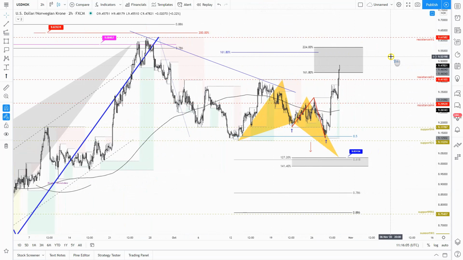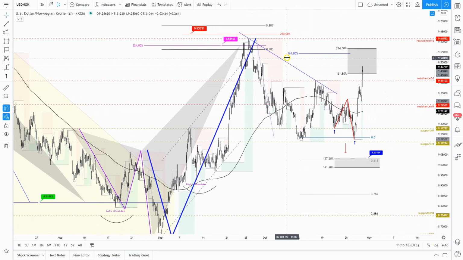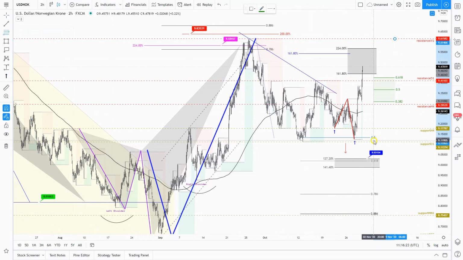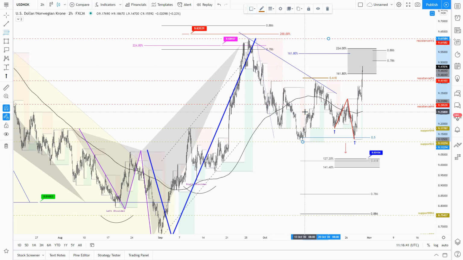Let's see. Let's remove this butterfly from here. 224% Fibonacci extension. Retracement. What I will search for, 88% Fib. Do we have a golden Fibonacci here acting as resistance? Question. No.